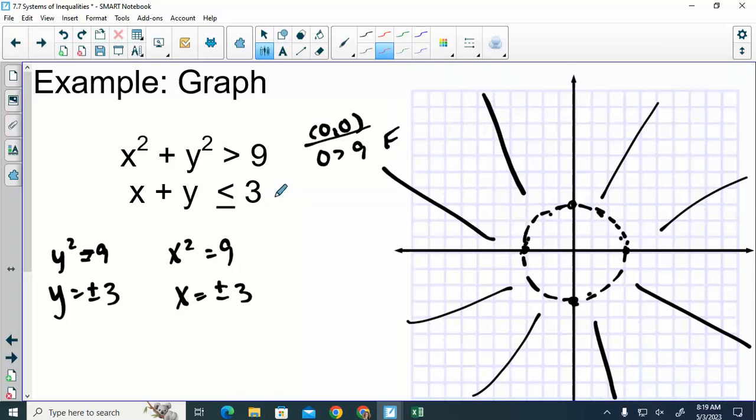Alright, second one. What do we do? Grab the x. Yep, we can get y by itself. So that's y is less than or equal to negative x plus 3. So y-intercept 3, slope negative 1, so down 1 over 1. Solid or dashed? Solid.